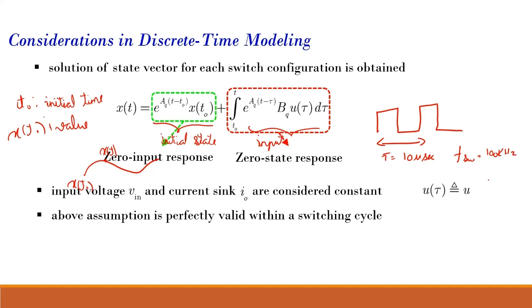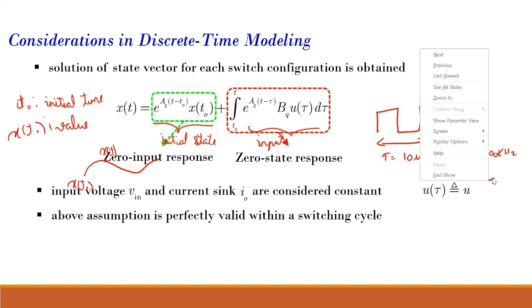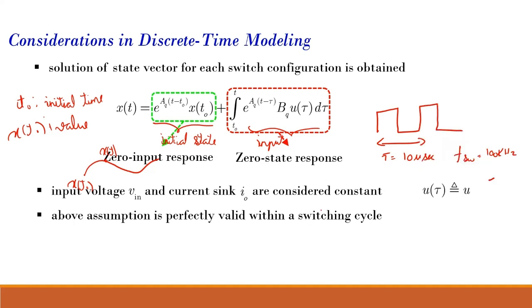In this time, my input voltage will change by a very minute value. So this approximation that the input voltage and the output current don't change is a valid approach. It is an engineering approximation that is well observed and believed in.